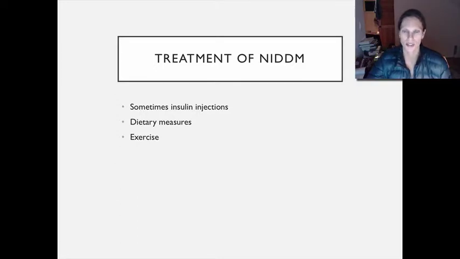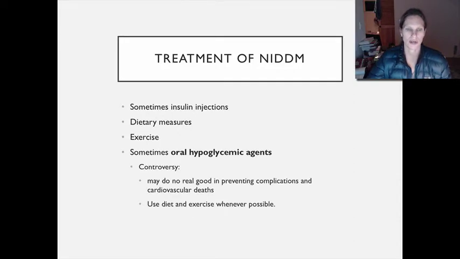Exercise increases your muscles' sensitivity to insulin, and it helps your muscles to suck glucose out of the blood. So exercise and diet are huge for non-insulin dependent diabetes. Actually, you can totally reverse non-insulin dependent diabetes with diet and exercise alone, but you've got to be really strict, right? There's no bagels in the world of the non-insulin dependent diabetics. They severely limit carbohydrates.